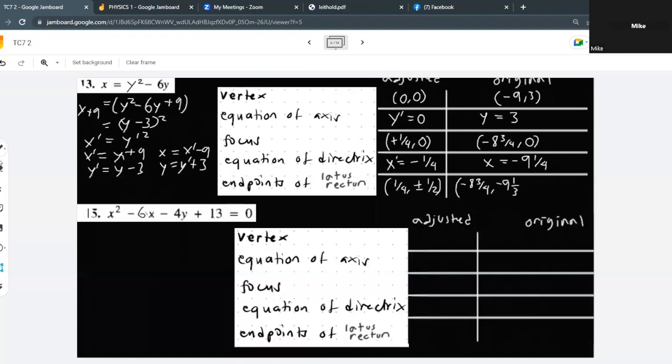So dapat may nangyari. 1 divided by 4 minus 9.